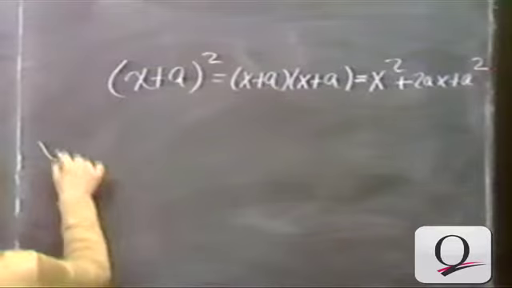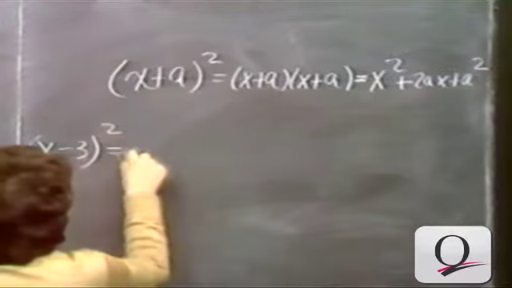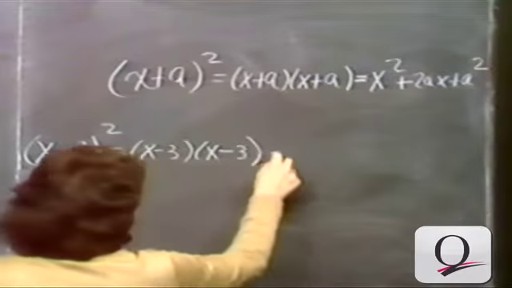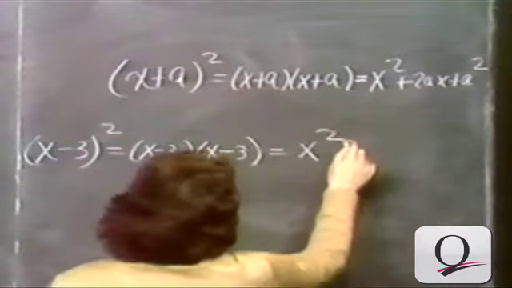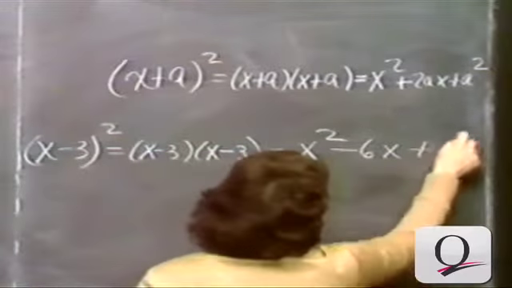Let's say we had (x minus 3) squared, or (x minus 3) times (x minus 3). That gives us x squared minus 3x minus 6x plus 9.